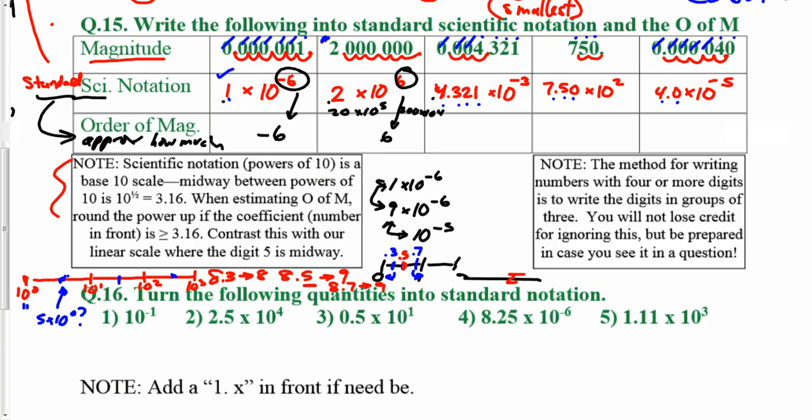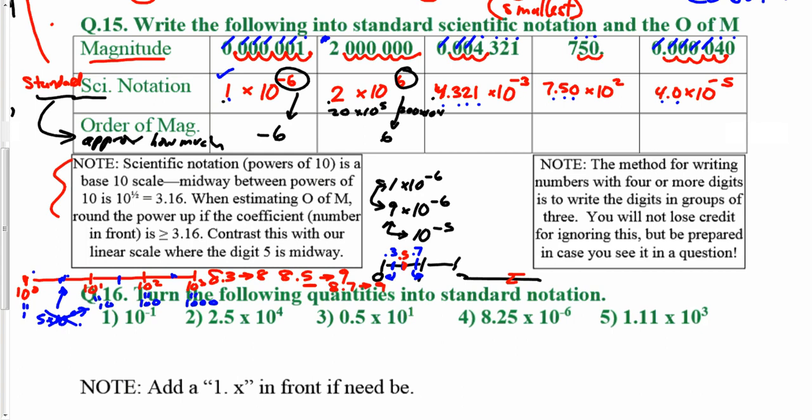This is a log scale. 10 to the 0 is equal to 1. 10 to the 1 is equal to 10. 10 to the 2 is equal to 100. 10 to the 3 is equal to 1,000. So this is not actually true. If you notice, with each move up on the interval, it's actually covering more and more numbers.